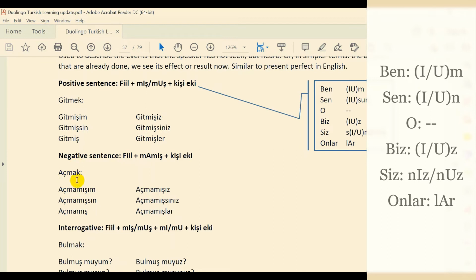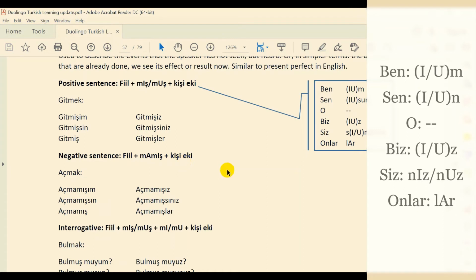For example, see this example: gitmişim, it's positive, it means I have gone. When you want to change this to negative, before adding this suffix, you add the letter ma or me. For example, gitmemişim, I have not gone. Here, açmak means to open, açmamışım, I have not opened.